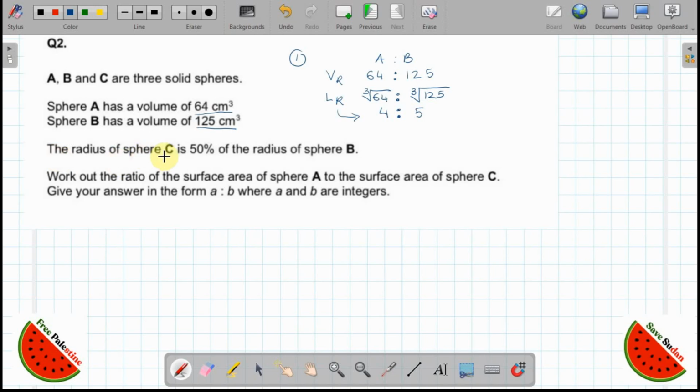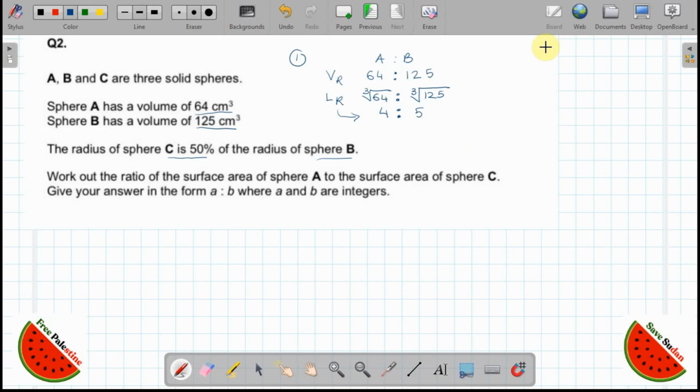The radius of sphere C is 50% the radius of sphere B. So sphere C, its radius is 50% of sphere B. So it'll be half of this really. Work out the ratio of the surface area.